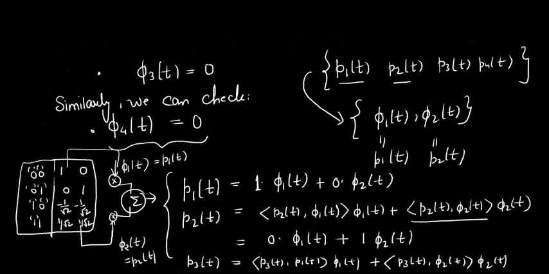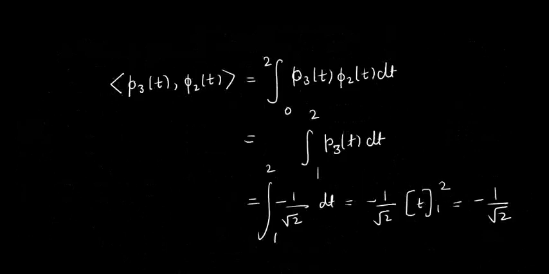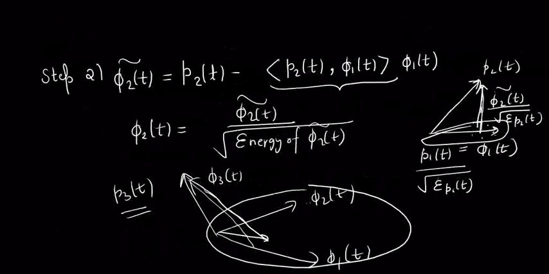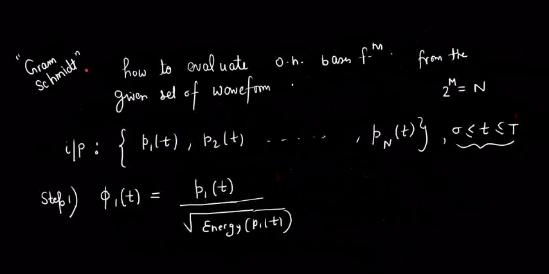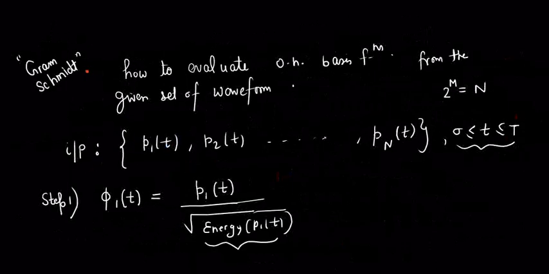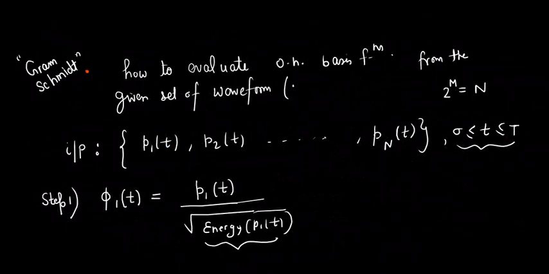I think all of you are following and appreciating how beautifully you can now represent 4 waveforms. One thing I told you, as you can see here, you are all the time dividing by energy, right? So, of course, the energy of all of these waveforms must be finite. So, this Gram-Schmidt procedure for an orthonormal basis works for a set of input waveforms which have finite energy.